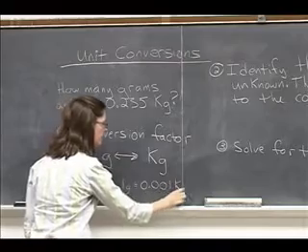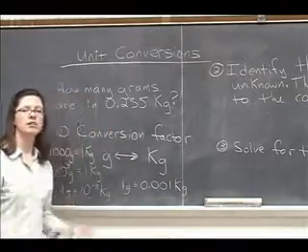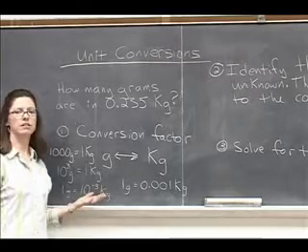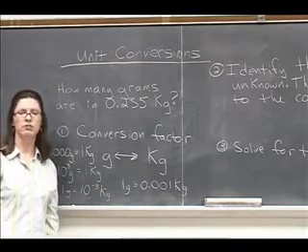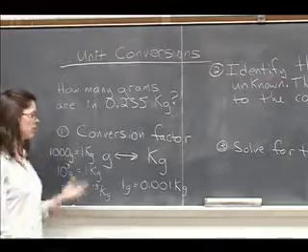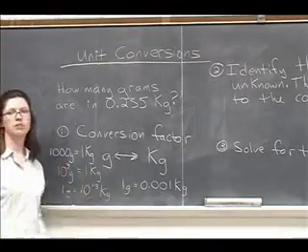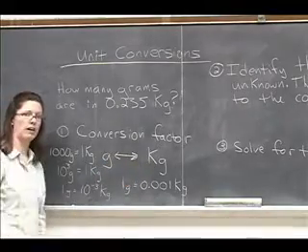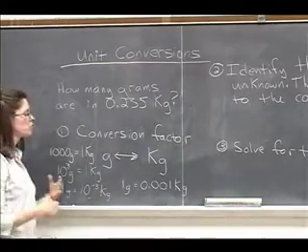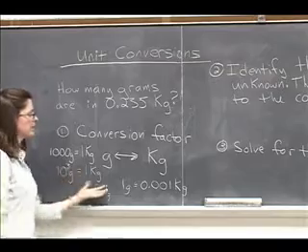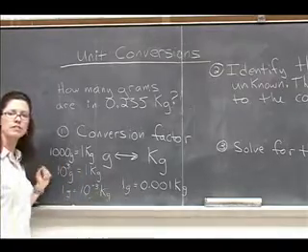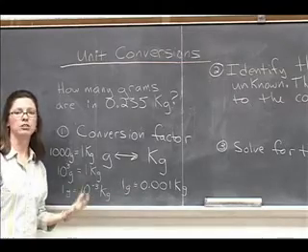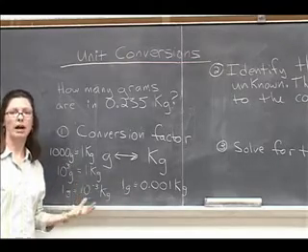We can also say 1 gram is equal to 0.001 kilograms. So this is part of the reason why students can get a little confused when carrying out unit conversions. There are lots of different ways we can express the relationship between grams and kilograms. It's not crucial for you to immediately be able to draw all of these out, but one of these should stand out in your mind and you should recognize right away.